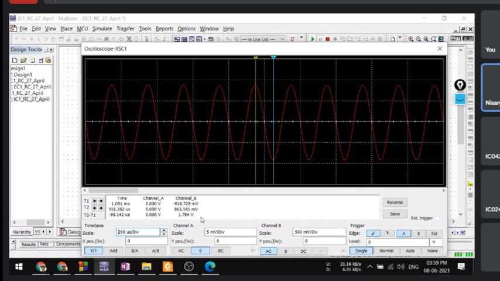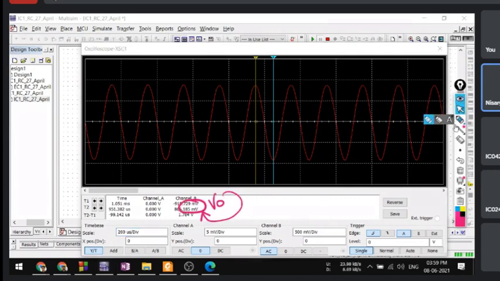But here you can see, student, that you are having a slightly more negative cycle than positive cycle. Don't you think so? Look, this is the height of the positive cycle, and this is the height of the negative cycle.